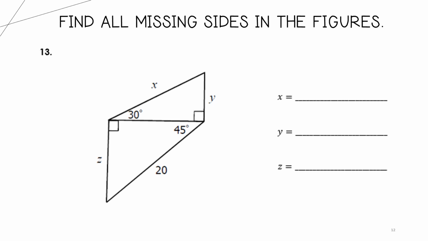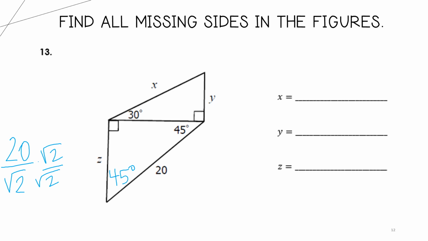All right, this time we have the hypotenuse in the 45, 45, 90. So we need to first find the leg because that's what z is. If you have the hypotenuse in a 45, 45, 90, you divide by the square root of 2. Use your calculator or do it by hand.